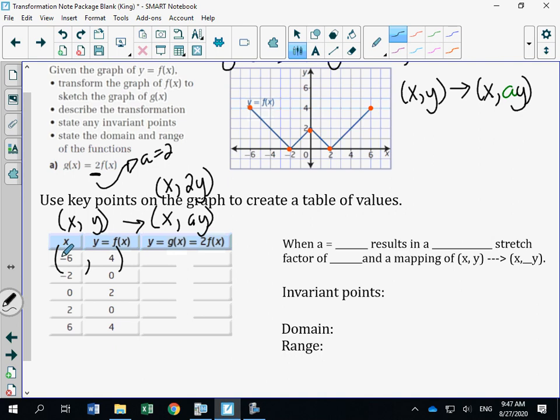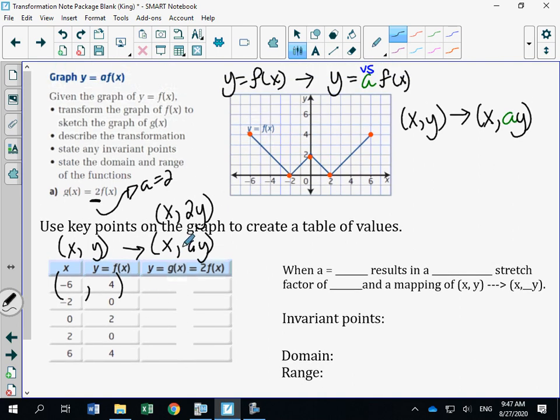Okay, so you take a point, and they gave us -6, 4, so it's just a nice point on my graph. And let's see what the new point becomes when it undergoes a vertical stretch and the a value is 2. So what happens is the x value stays the same, and our new y value is now 4 times 2, right?